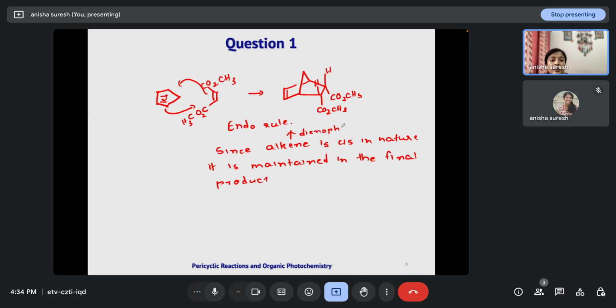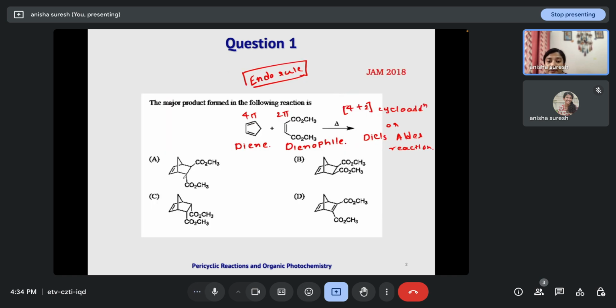Since the dienophile is cis in nature, it is maintained in the product, and here both CO2CH3 groups will be coming cis to each other. So this option is not true, as both the CO2CH3 are coming trans to each other. This will also be not true as it is exo approach. So option C will be the right answer.